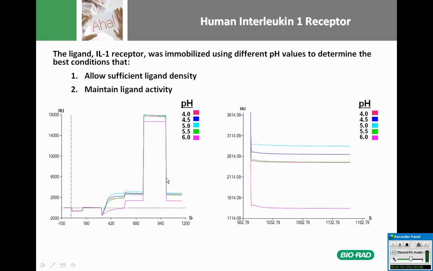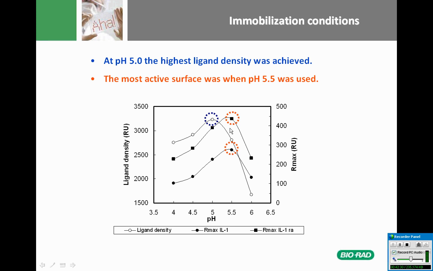The 6th channel was left empty for referencing. You can see here the immobilization levels zoomed in for the different pHs. And then we injected the analyte, just the Interleukin-1, to see the activity. Because remember, usually it's easy to immobilize the ligand, but the tricky part is to maintain its activity.